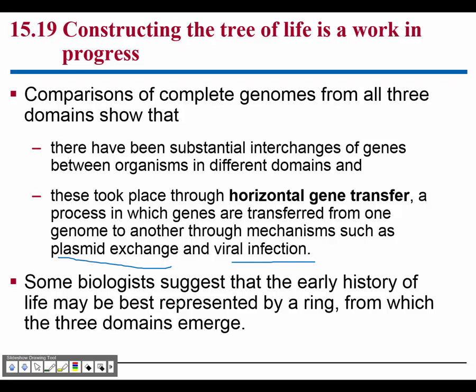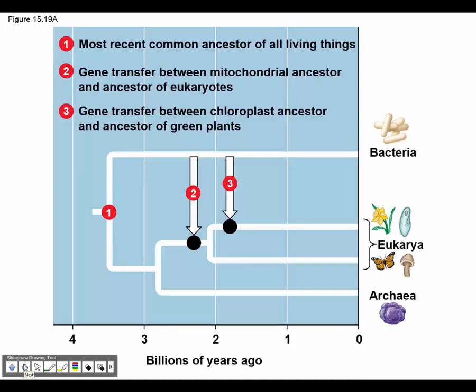And some biologists like to suggest that the early history of life may be best represented by a ring from which 3 domains emerge. So how you display it can vary, but the idea is the same. Recent common ancestors, things are more closely related. Common ancestors from further back, less closely related, right?